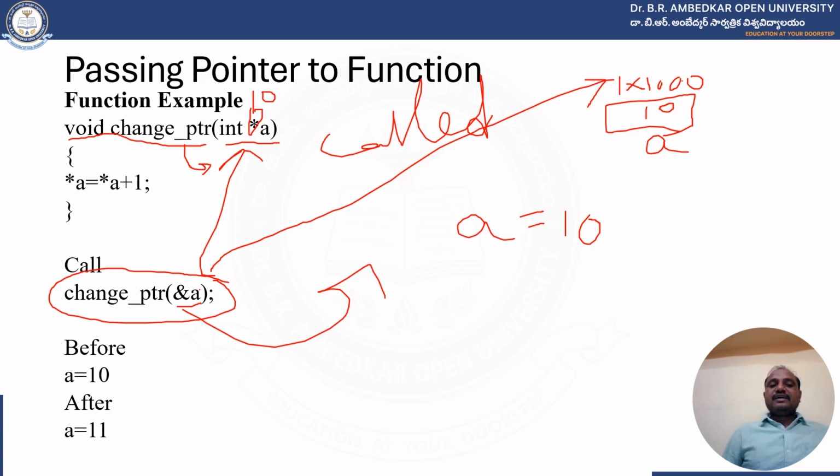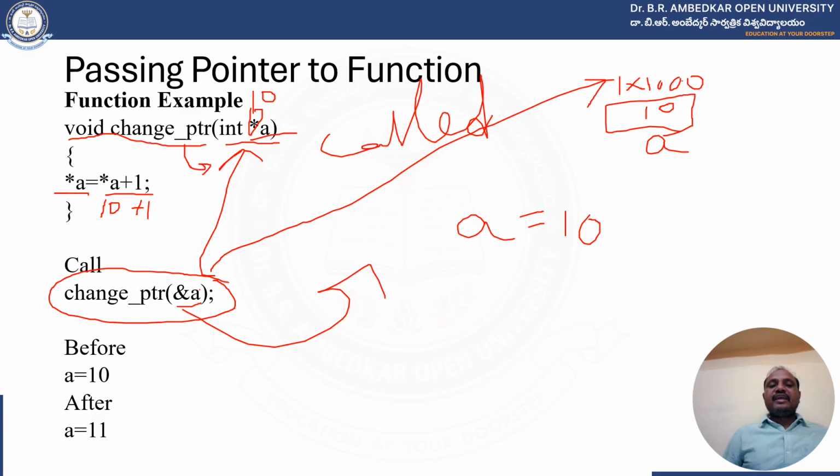So asterisk a value is 10. Now what we are doing is asterisk a equals asterisk a plus 1. What is the asterisk a value? It is nothing but 10, which we already dereferenced, and 1 will be added to it. 10 plus 1 is nothing but 11.